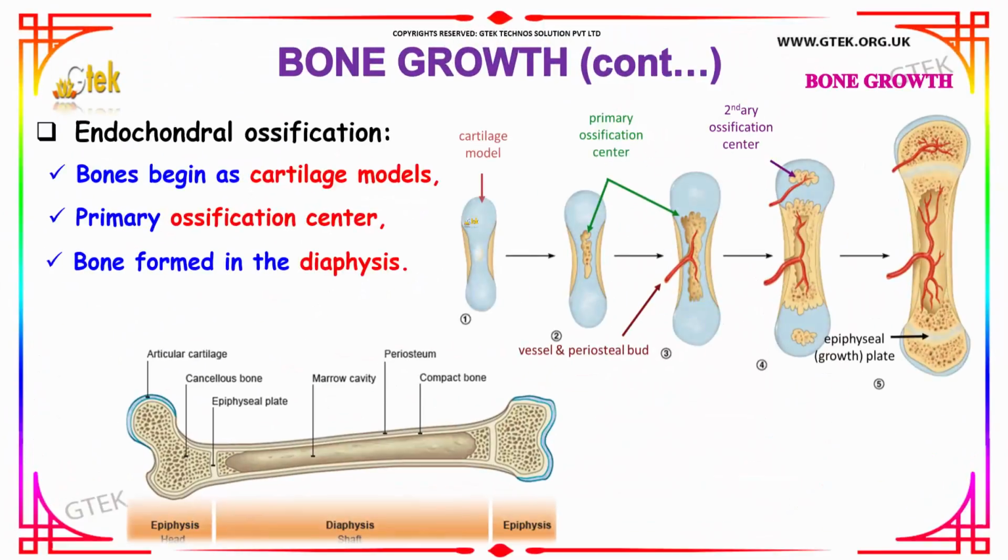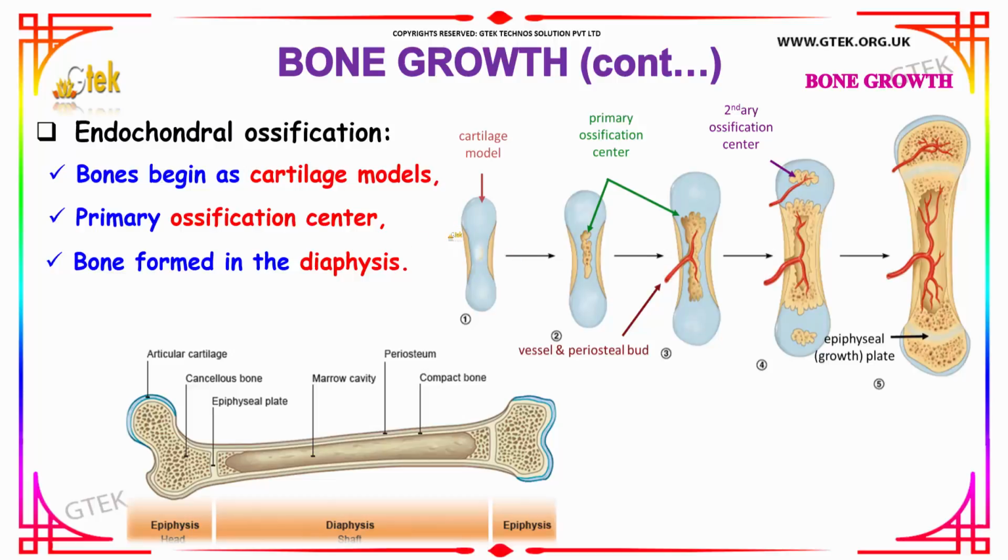Our next stage is endochondral ossification. If you see, in the various stages of bone growth, initially we'll have a cartilage developed from the membrane.